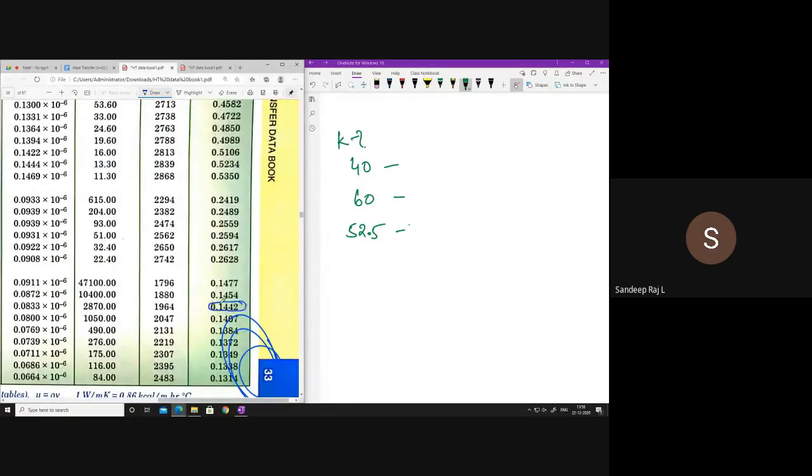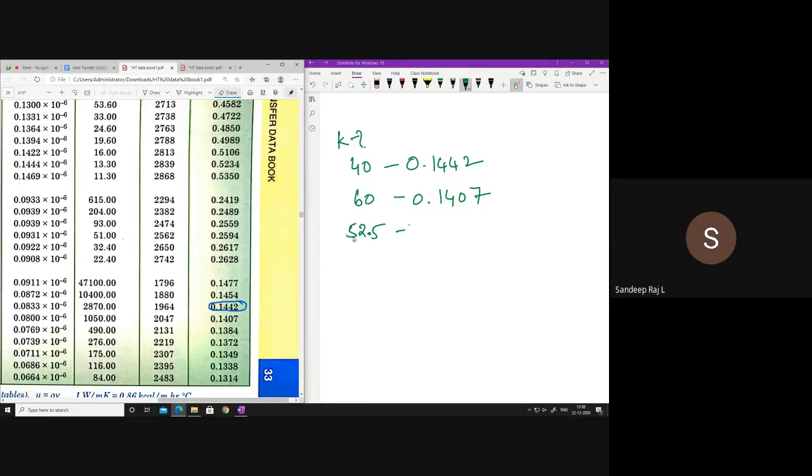So this is 0.1407. Is it 07? Yeah, it is 07.